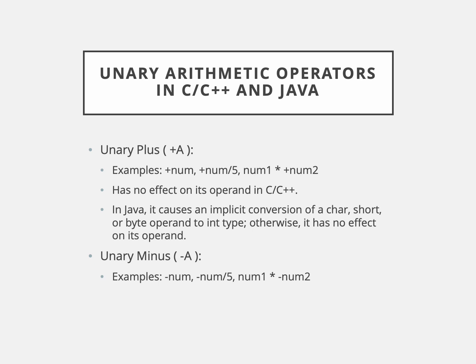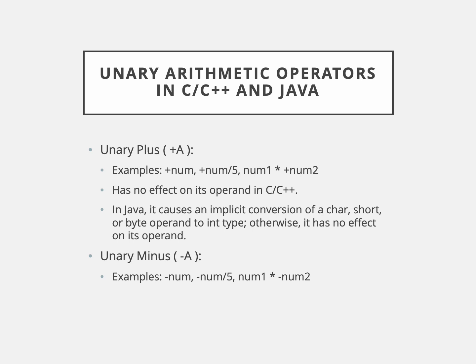In Java, however, it has a specific use case. If applied to character, short, or byte data types, it automatically converts them to an integer. Otherwise, like in C++, it has no effect.